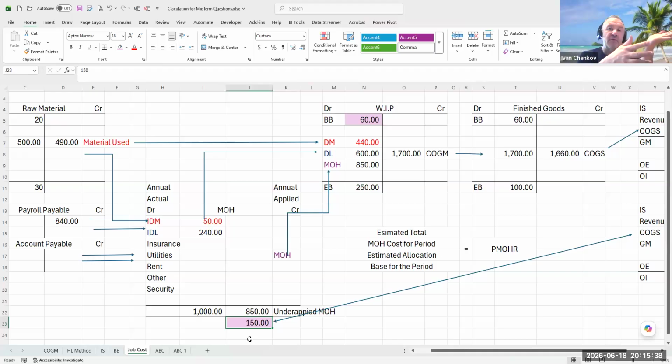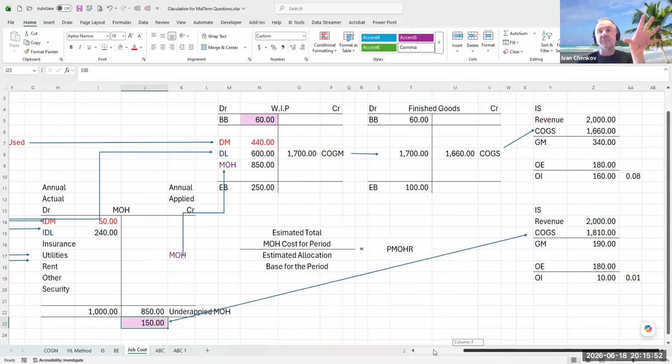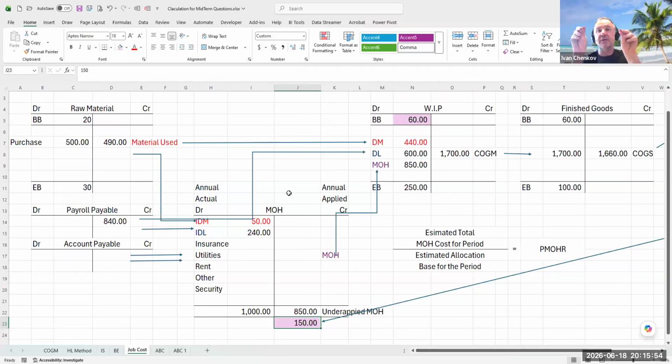Now it can be over applied, right? If it's over applied, then you have to deduct it from the cost of goods sold. But basically that will be the information. In this chart, different pieces of information will be missing, and you have to work them out. What is the direct material used? What's the indirect material, but direct material is given?